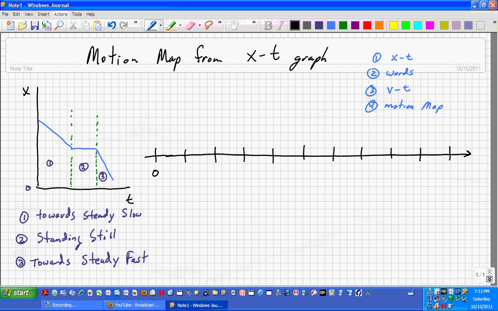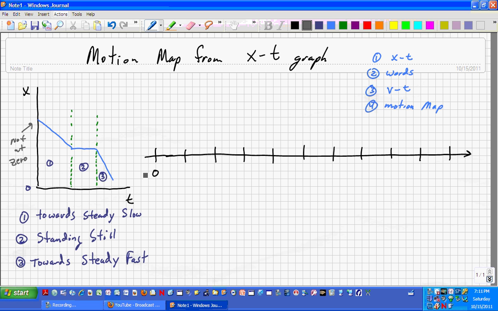What I notice first is that this is not starting at 0. So my time 0 is not going to be located at the origin. That guy is not at 0.